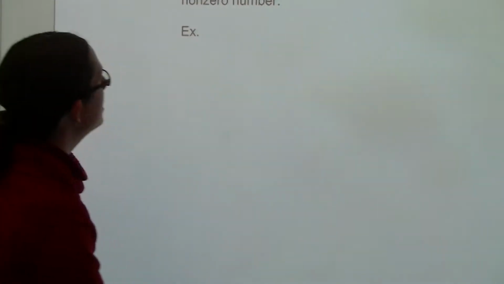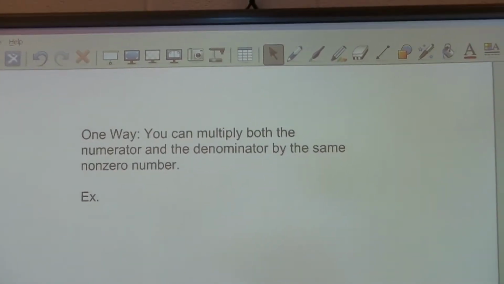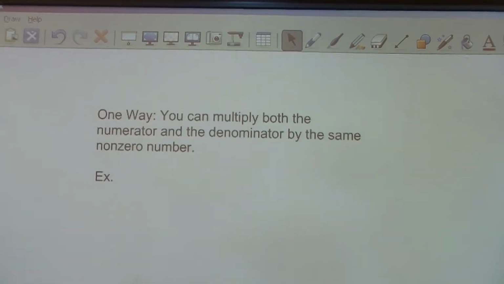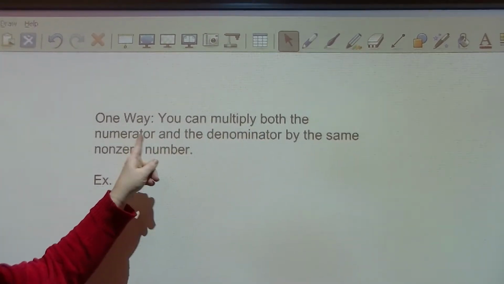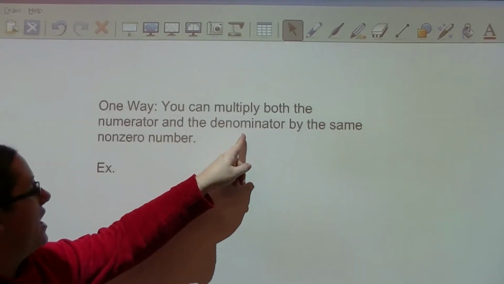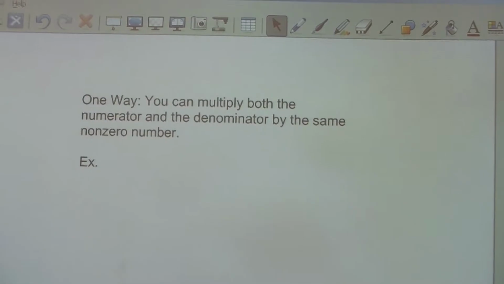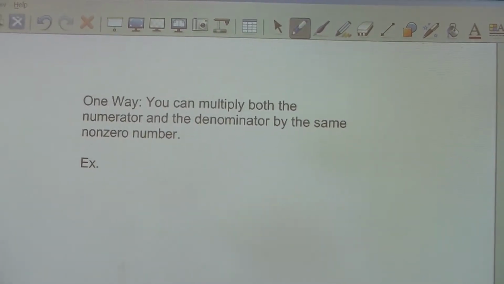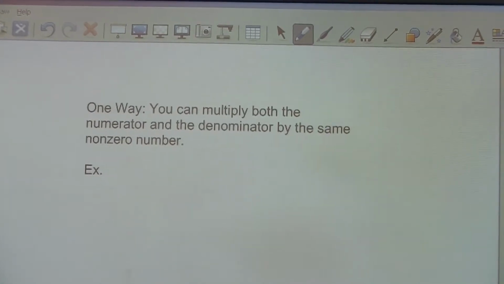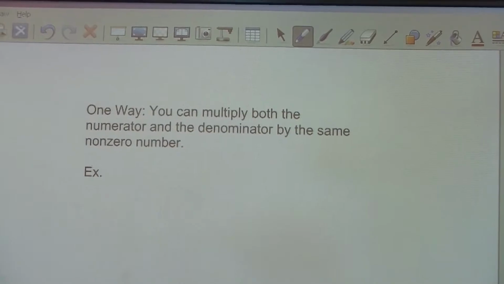We can go on now and find out, well, how can I make equivalent fractions? Okay, this is at the top of page 223. And one way they have here is that you can multiply both the numerator, our top number, and the denominator, our bottom number, by the same non-zero number. So we're not going to multiply by 0, okay? So if you look in your textbook there at the top, it says 10/15, and you will see they multiplied the top and bottom by 2.